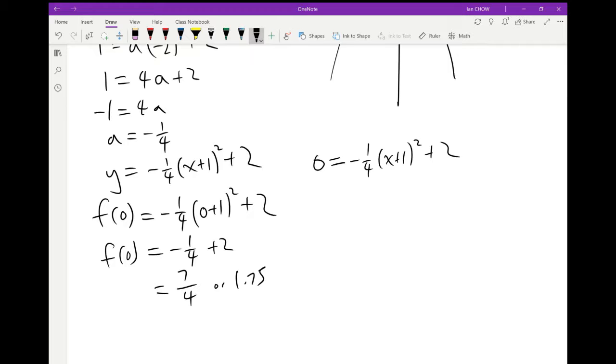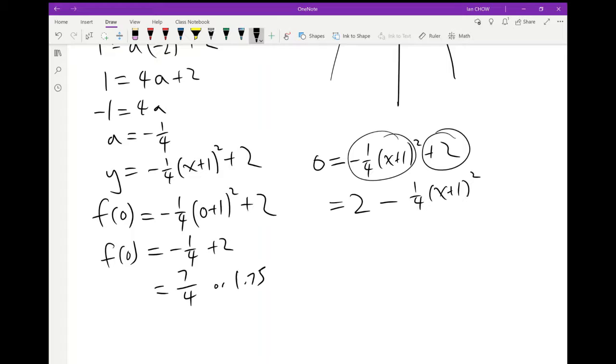And then I'm going to do the same thing that I did a while ago of making this whole thing into that a plus b, a minus b, the a squared minus b squared. And so in order to do that, I'm going to rearrange this. You see, this is plus and this is minus, so I'm going to write this as 2 minus 1/4 of x plus 1 whole squared.